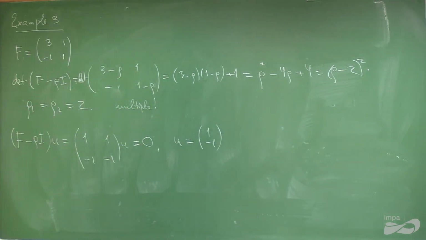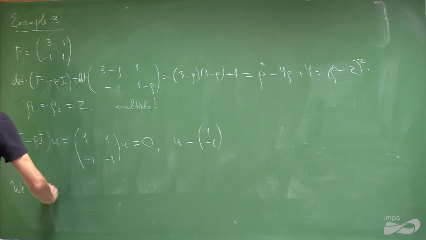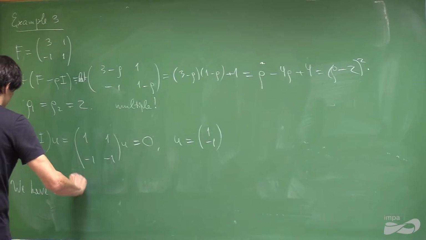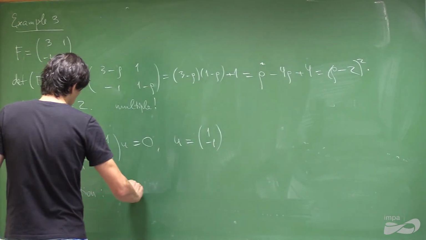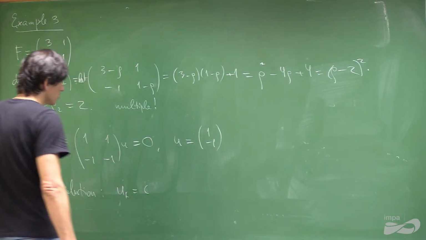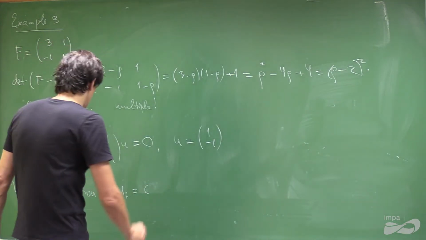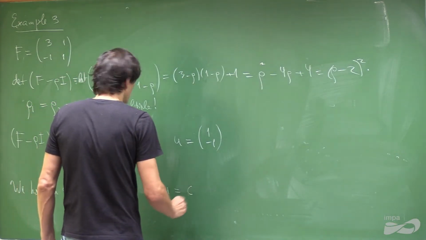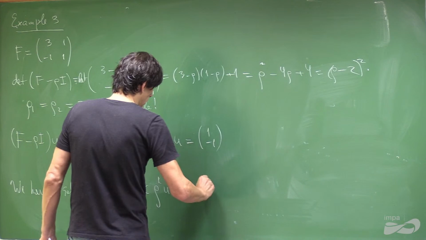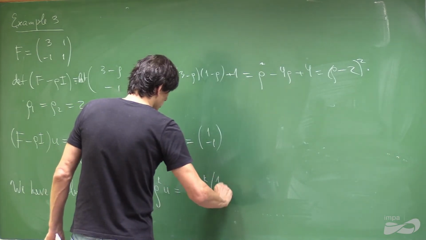So you cannot find more than one, which means that we only have a solution u_k equal to a coefficient times rho^k times u, which is c 2 to the power k times (1, minus 1).